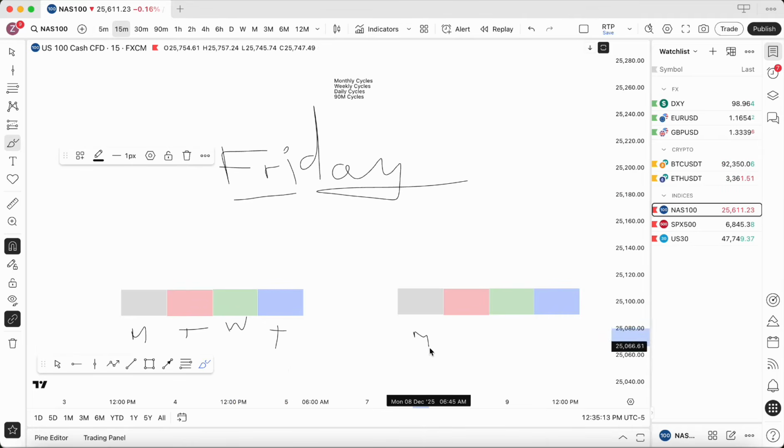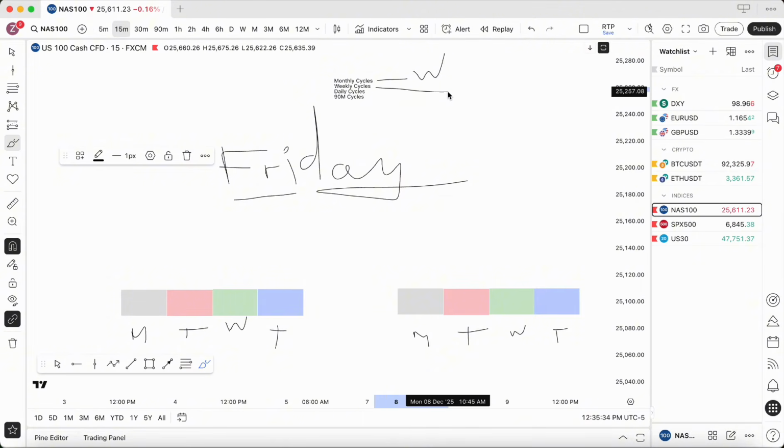Now like this again, weekly cycle SMT is between daily candles. Let me say it like that, it will be easier. So monthly cycles are sequential SMT between weekly candles.